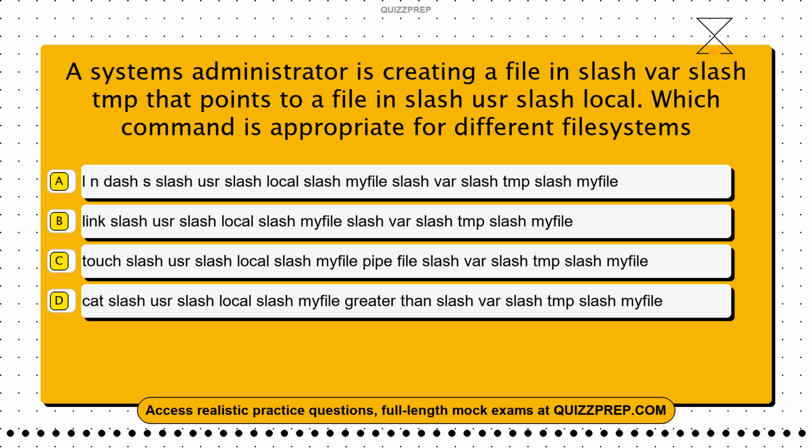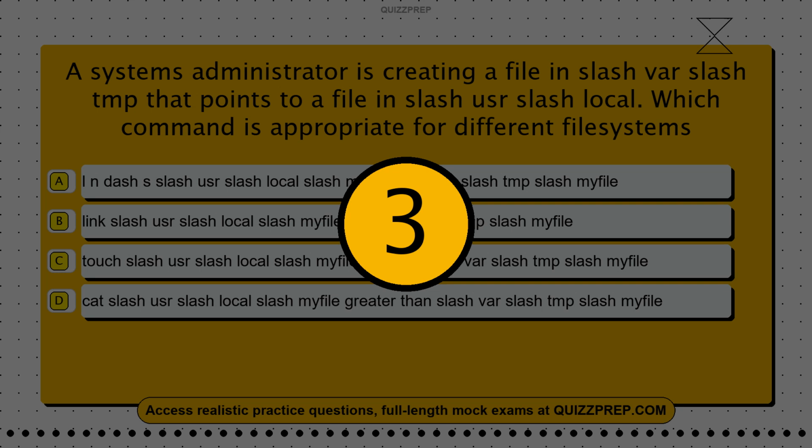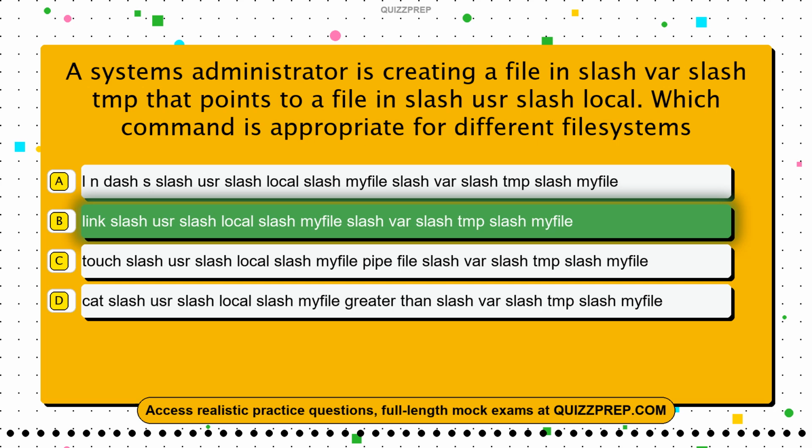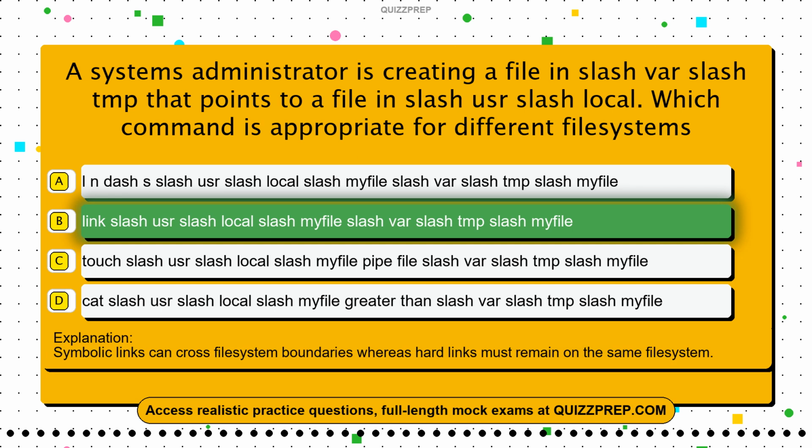Option C, touch /usr/local/myfile | pipefile /var/tmp/myfile. Option D, cat /usr/local/myfile > /var/tmp/myfile. The correct answer is option B, link /usr/local/myfile /var/tmp/myfile. Symbolic links can cross file system boundaries, whereas hard links must remain on the same file system.